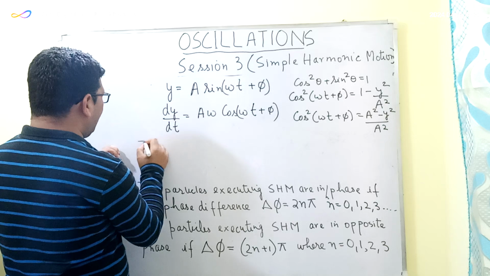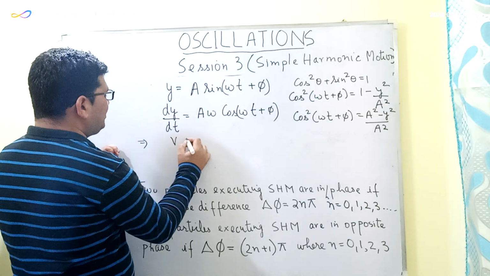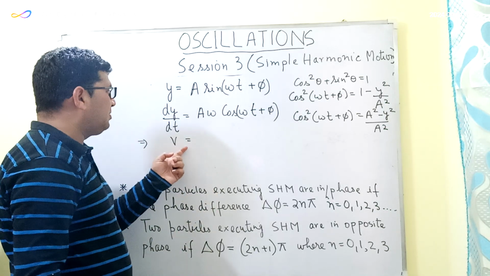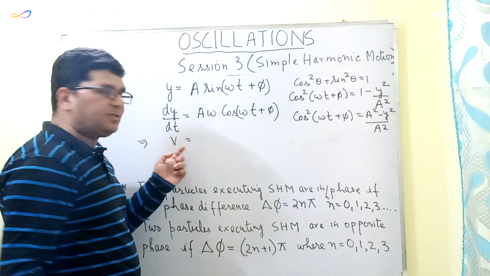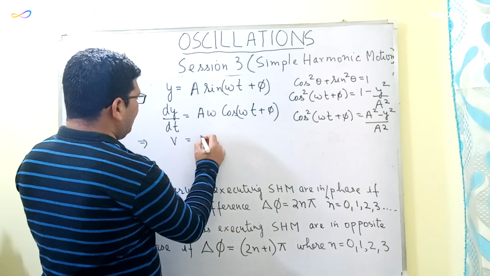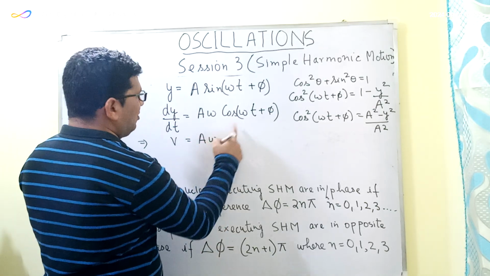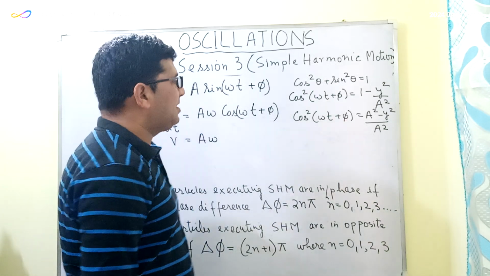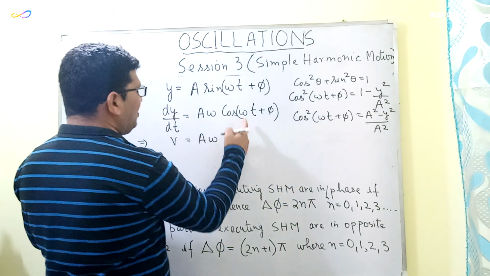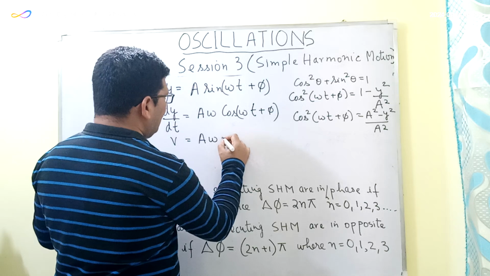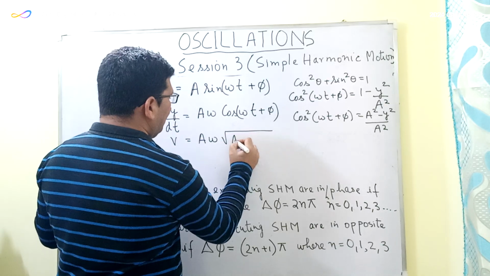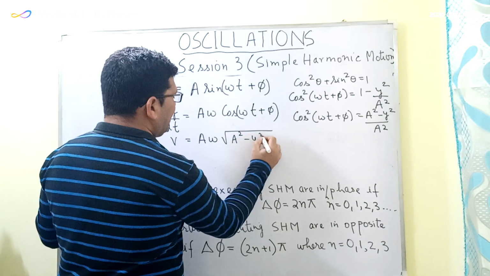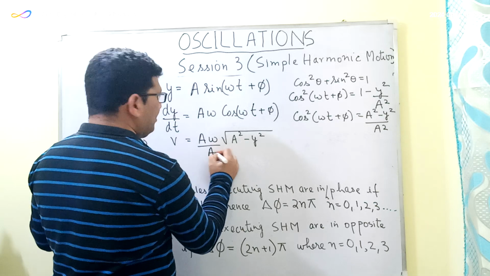So what I will be getting, that is the velocity of the particle executing simple harmonic motion at any instant of time, will be equal to a omega. Now cos square(omega t plus phi) is equal to a square minus y square upon a square. So cos(omega t plus phi) will be equal to under root a square minus y square divided by a.